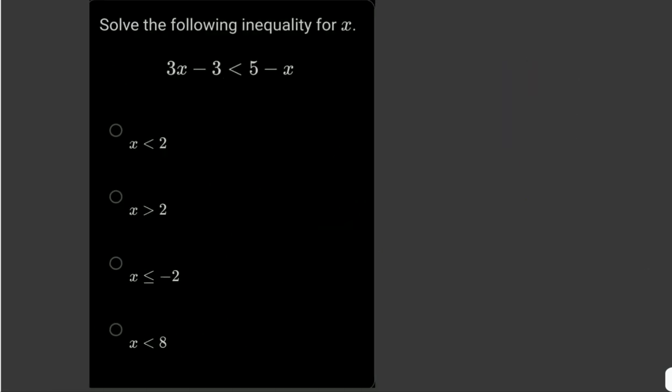Solve the following inequality for x. We're given here 3x minus 3 less than 5 minus x. All right, let's solve this. So we're given 3x minus 3 less than 5 minus x.